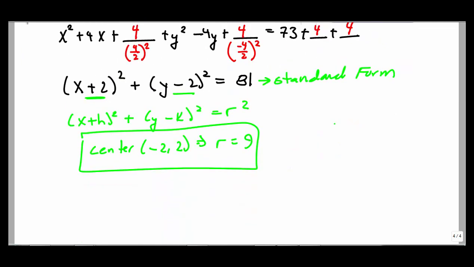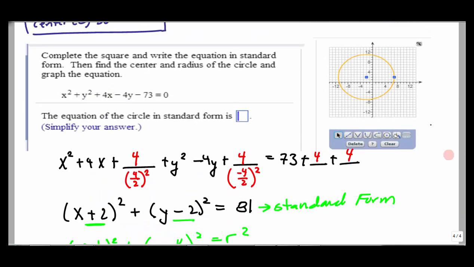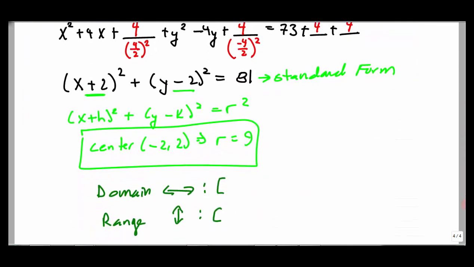So if you wanted to check out the domain here, remember the domain is horizontal and the range is vertical. And I'm reaching those endpoints. So up here, if I check out the domain, it looks like it goes from negative 12 to positive 7. So negative 12 to positive 7.